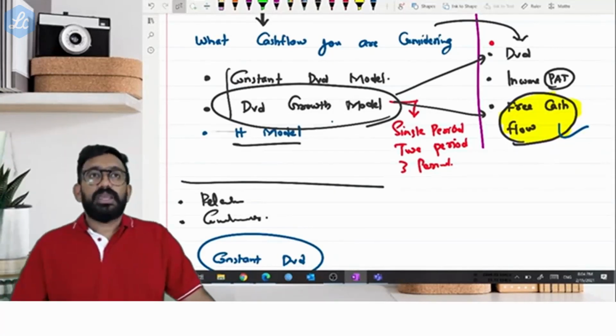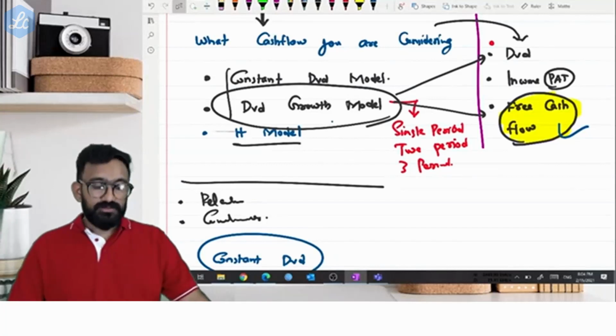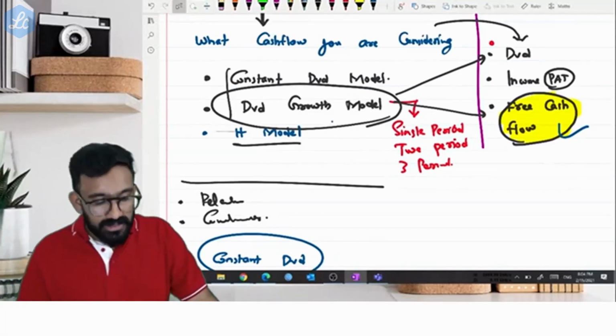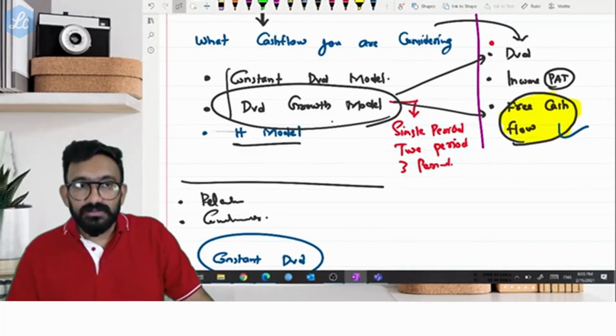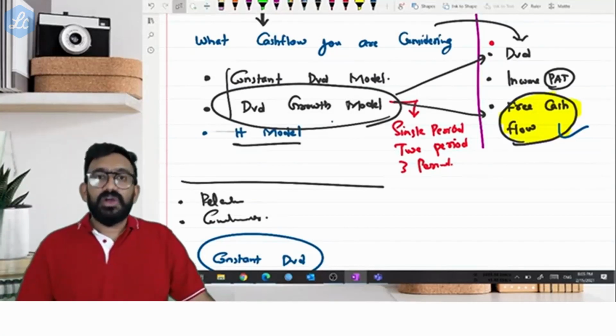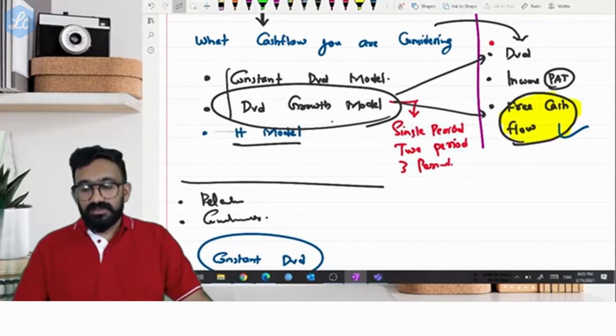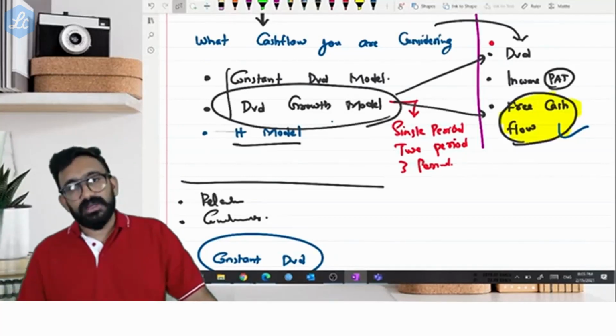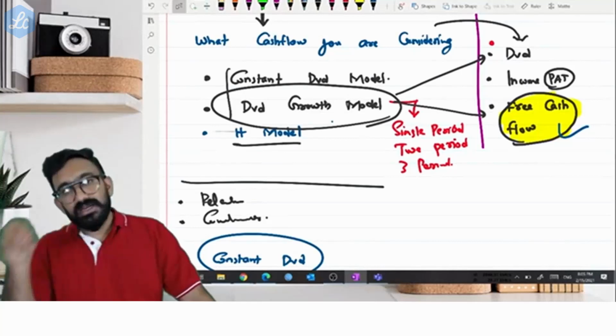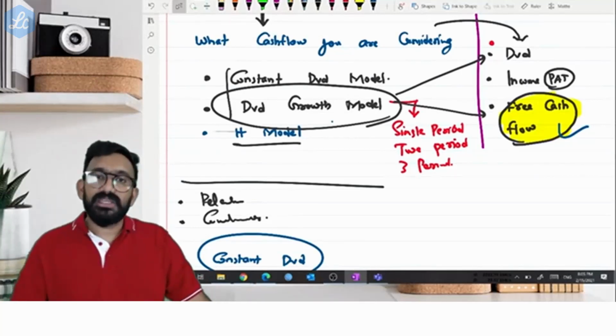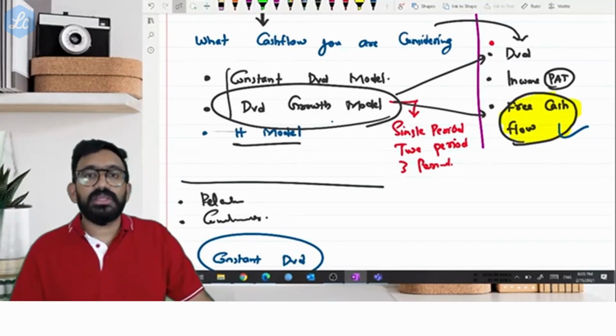Now, why am I not taking dividend as the cash flow? Because when a company is declaring dividend, that does not mean that that is the only profit made by that company. Whatever amount is generated by the company and retained in the business is also income that ultimately belongs to the equity shareholder.